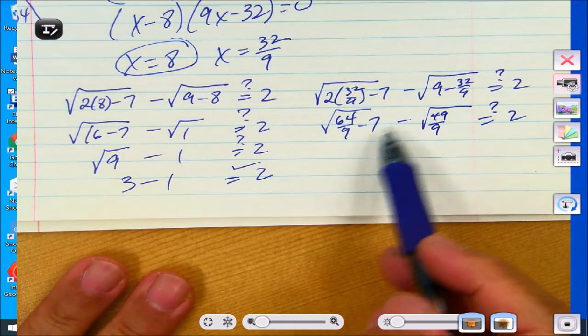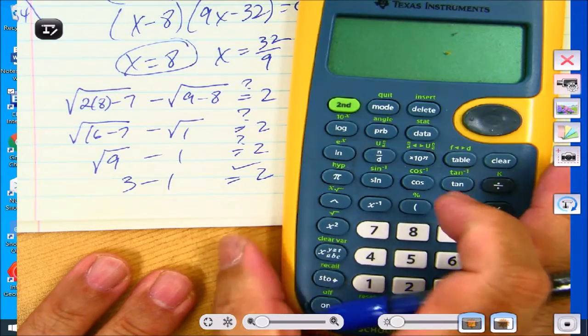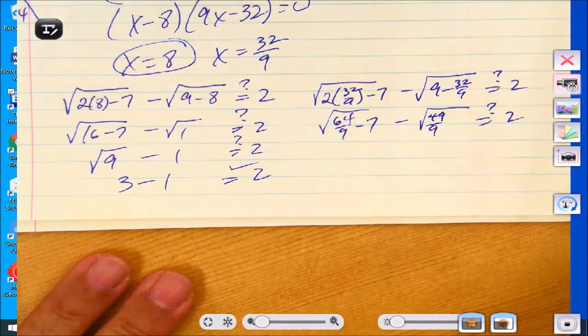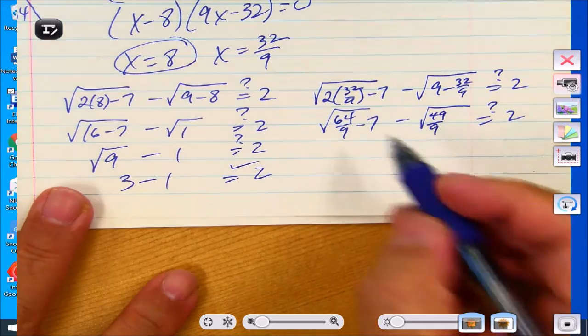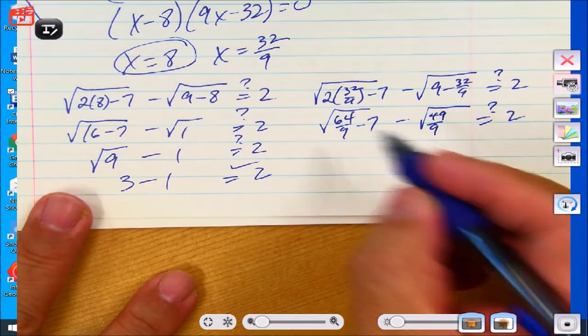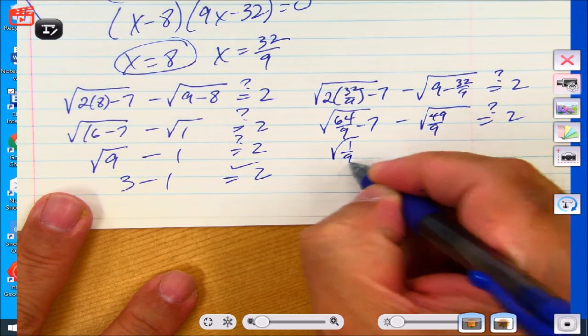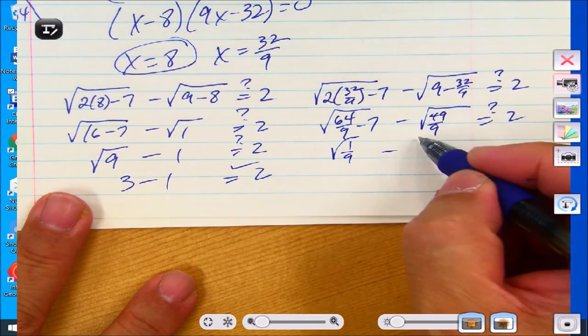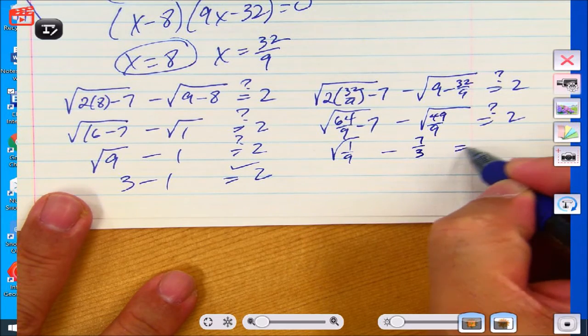You're allowed to use a calculator. Remember, we have calculators that do fractions. You just put a fraction on there. So 64 ninths minus 7 is 1 ninth. Square root of 49 ninths is 7/3.